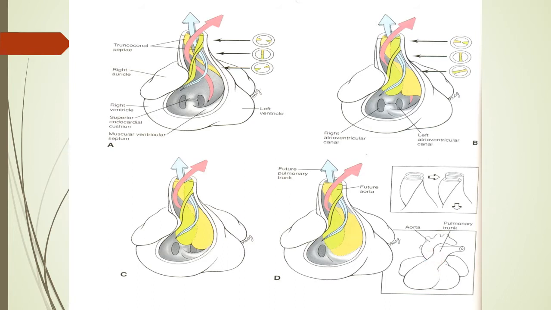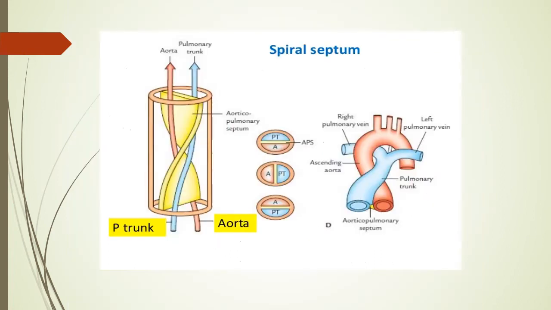The developmental reason for this is that the aorticopulmonary septum is formed in a spiral manner, and that is why the ascending aorta and pulmonary trunk are arranged in a spiral in relation to each other. Another diagram showing the same thing: spiral aorticopulmonary septum.